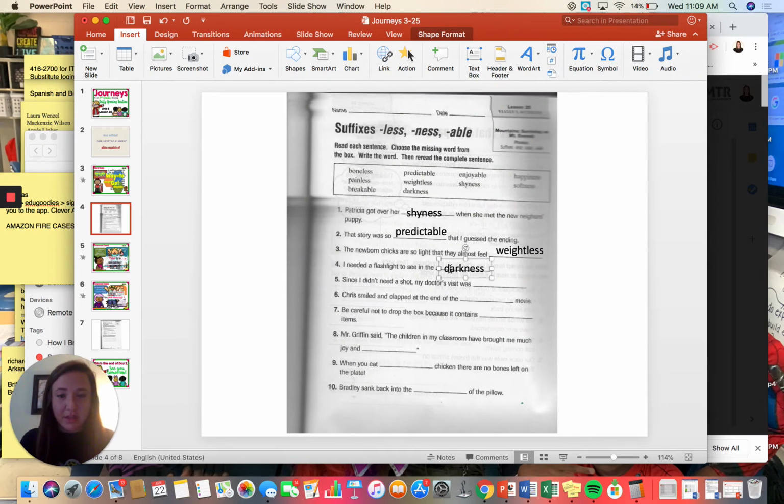Last one that we're going to do together, and then I want you to do 6 through 10 on your own. If you're working with someone there with you, I want you to check your answers by reading the sentences aloud to that person. Number 5 says, since I didn't need a shot, my doctor's visit was what?